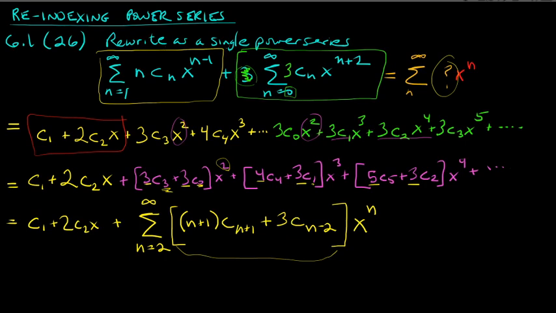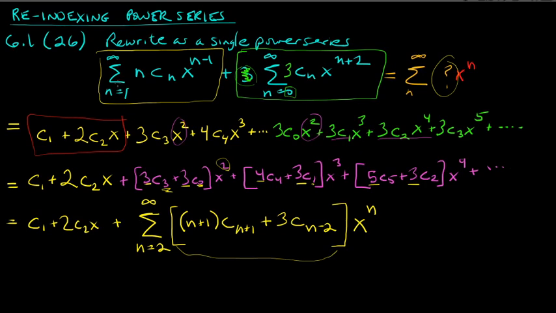So this is one way to rewrite a couple of power series as a single series. Typically, you do have this little dangler here, these terms in front, that just can't be combined into the series. Maybe I shouldn't say always, but usually you do get these, but not always. And so this is the series re-indexed.